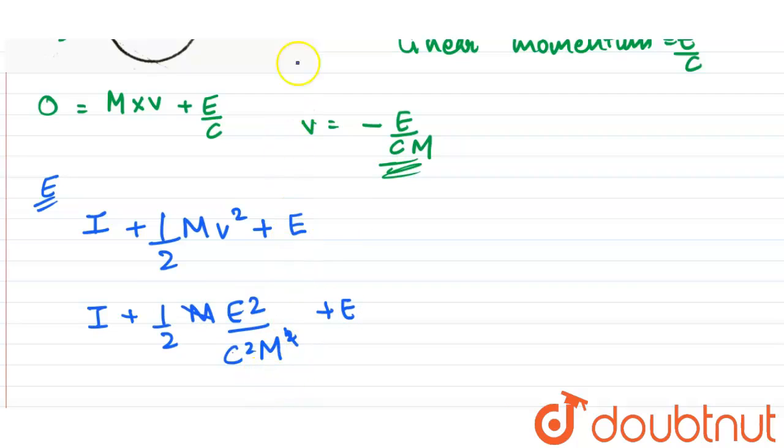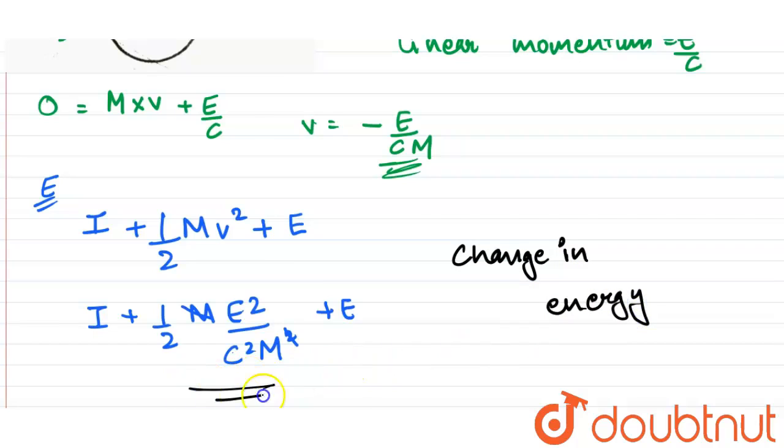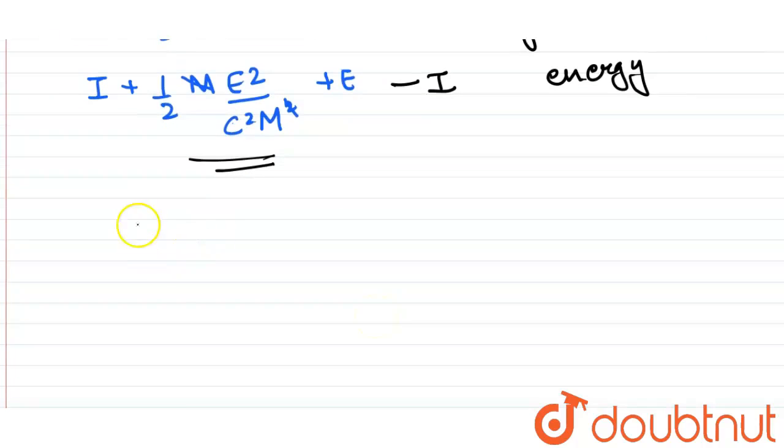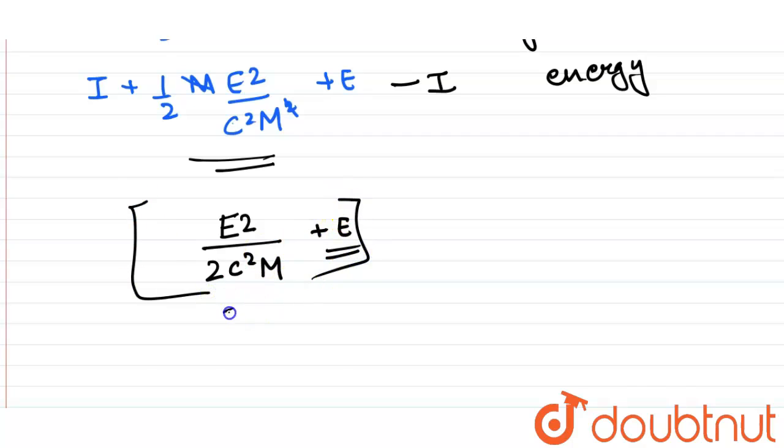And now we need to find the change in energy. So this is the final energy and initial is I. So this minus I, which is the internal energy. So change in energy comes out to be E square by 2 C square M plus E. This is the change in energy.